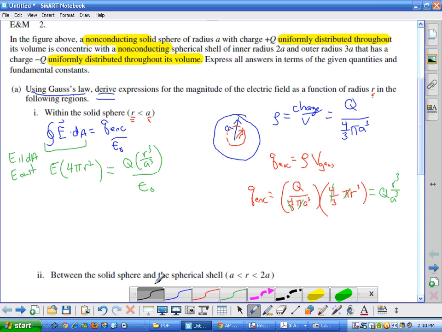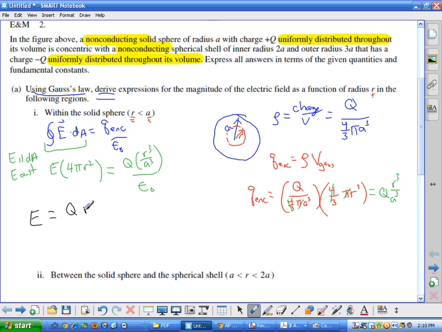From here, it's just solving for the electric field. The electric field is going to equal Q r cubed over a cubed epsilon 0, that's this term right here, also divided by 4 pi r squared.